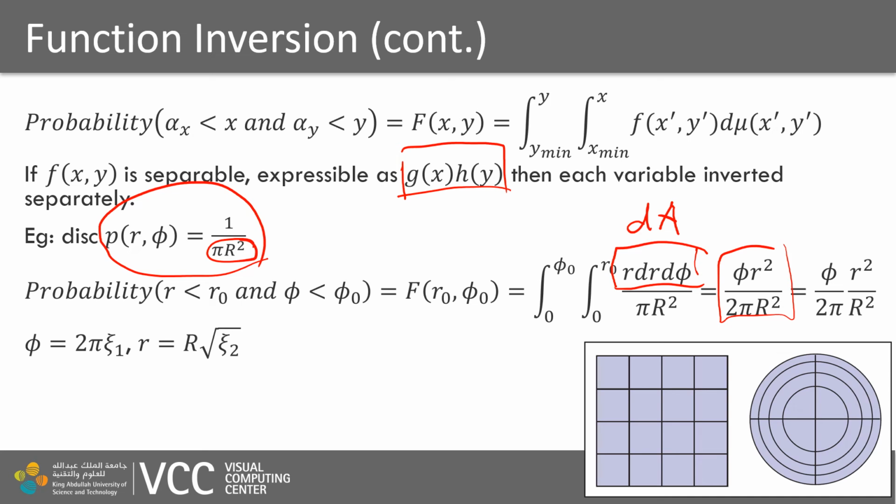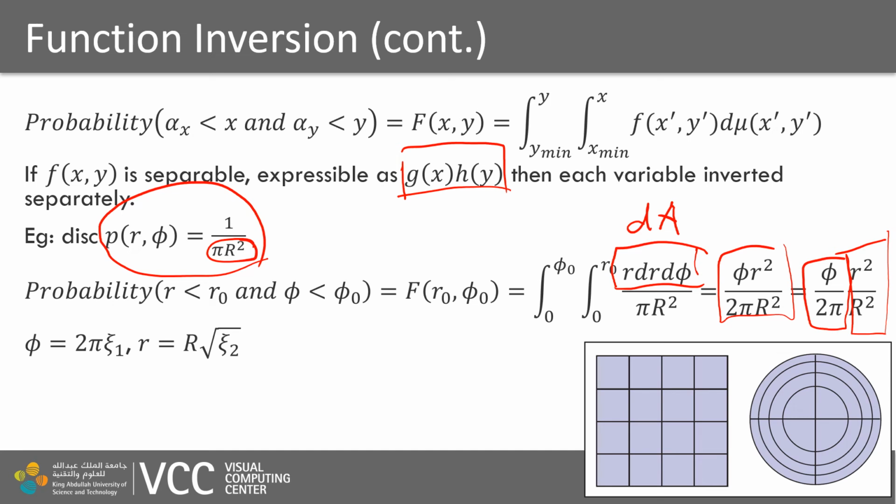And indeed, we can see that we can split this into a product of two functions, phi divided by 2 pi and r squared divided by capital R squared. And now we can simply just invert these functions to obtain the fair sampling of our disk.